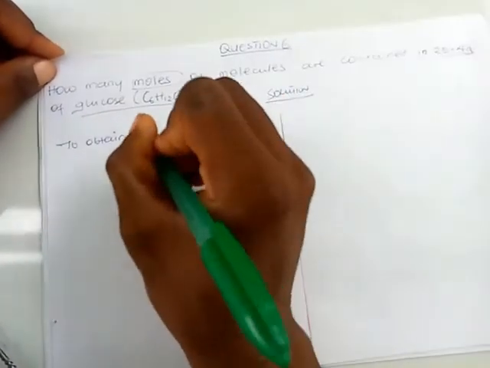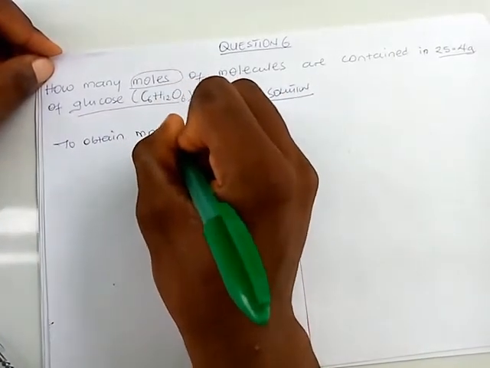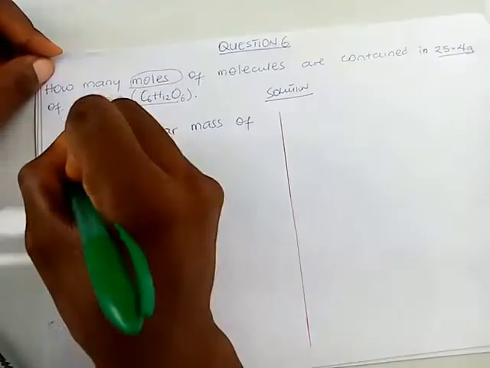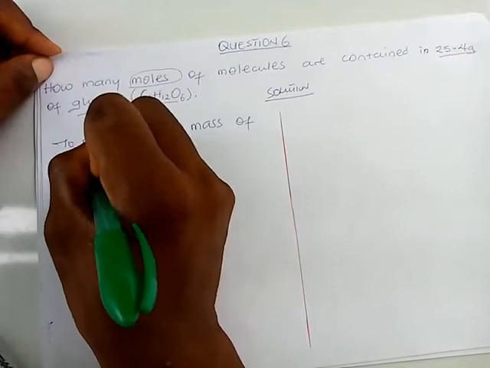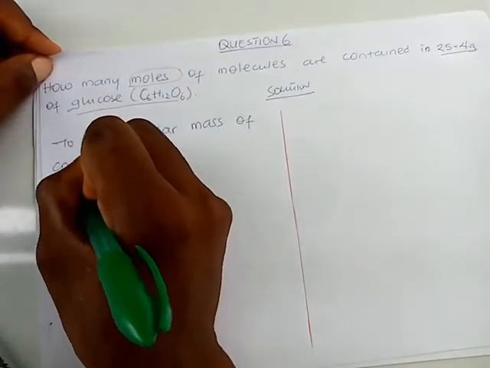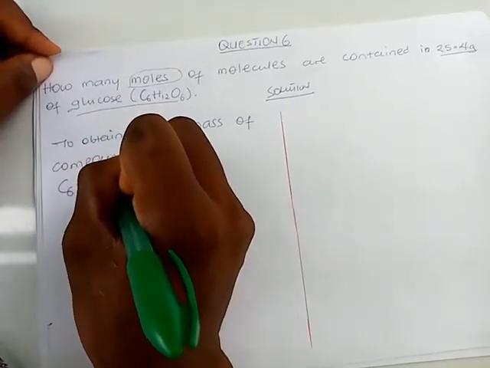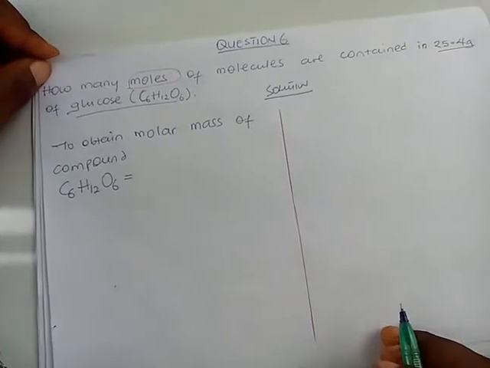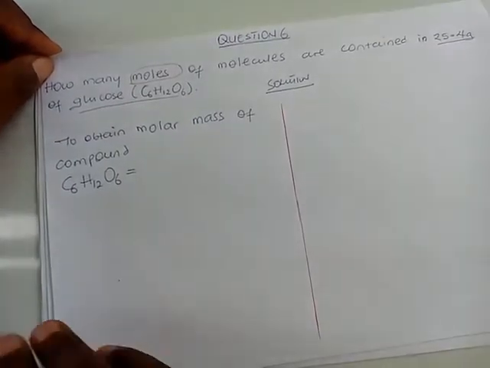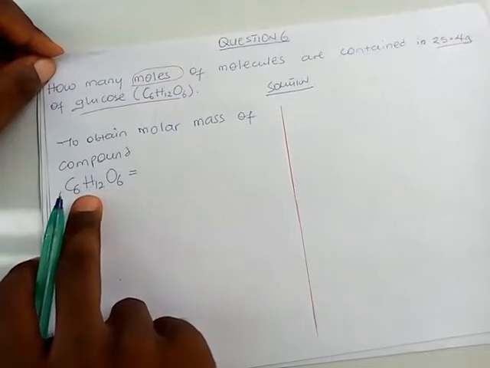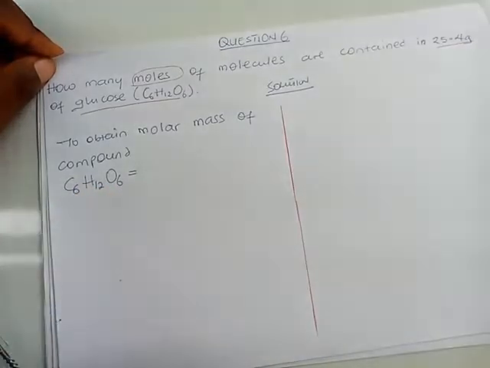To obtain the molar mass of the compound, here we have the compound given as this. From this, it's obvious that we have 6 atoms of carbon, 12 atoms of hydrogen, and 6 atoms of oxygen.